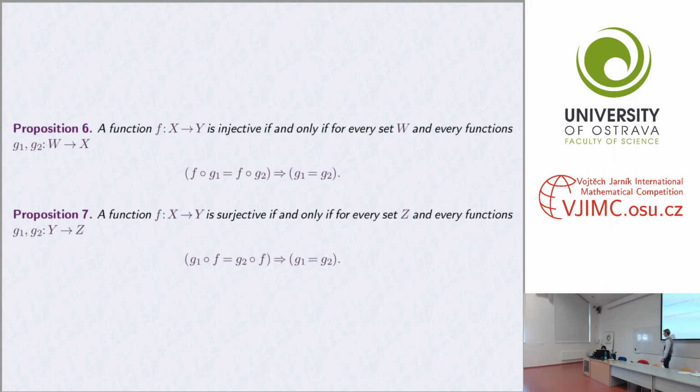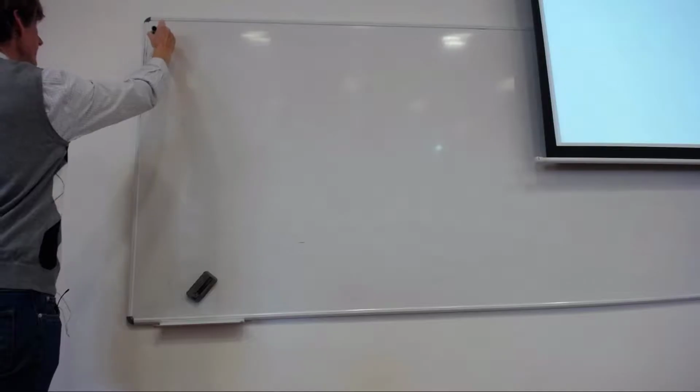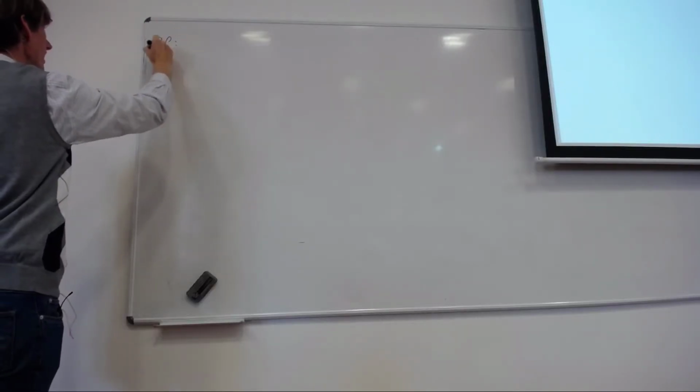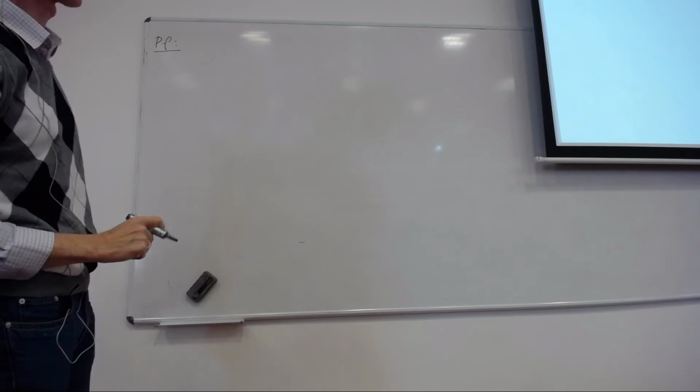Well, first of all, let's check that this is correct, and that this actually gives us a good characterization of injective and surjective functions. So let's try with injectivity first.